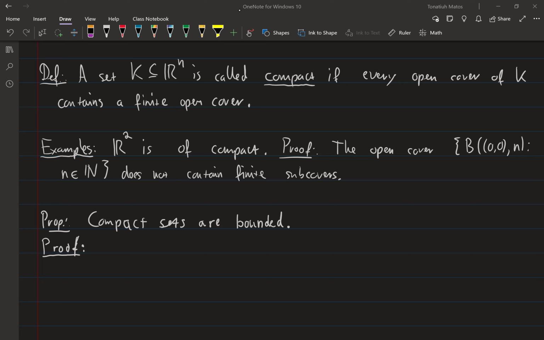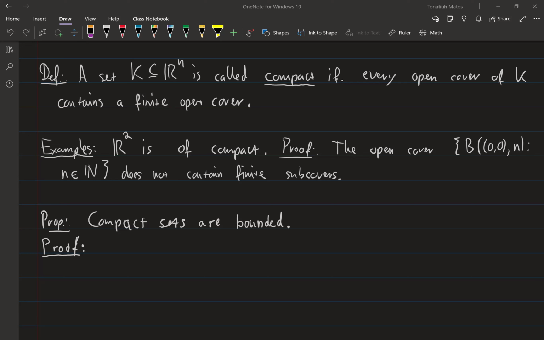Any suggestions? Okay, so someone is suggesting contradiction in the chat. Okay, so contradiction, I like that. So contrapositive would mean that if something is unbounded, then it cannot be compact. And that's what we proved here for R2. We kind of used the fact that R2 is unbounded. It's too big to be contained in just one ball, right?